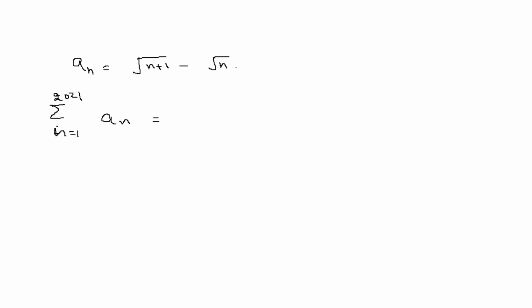Let's say, if you plug in n equals 1, you get square root of 2 minus square root of 1, right? And if you add and plug in n equals 2, you get square root of 3 minus square root of 2.